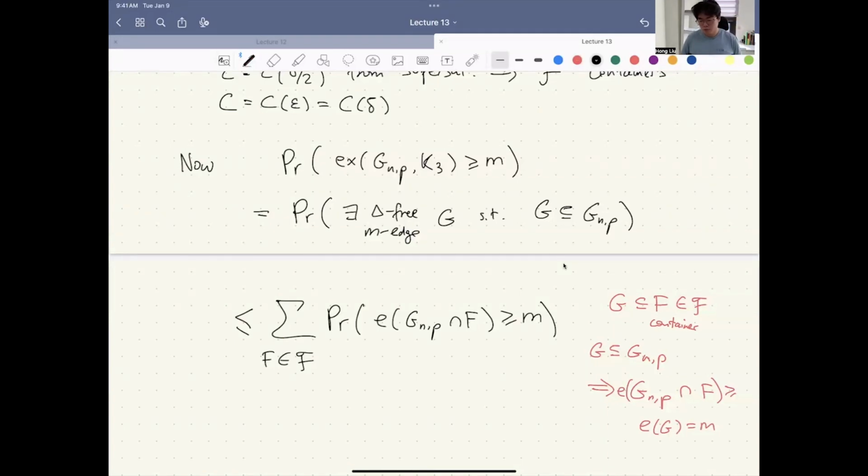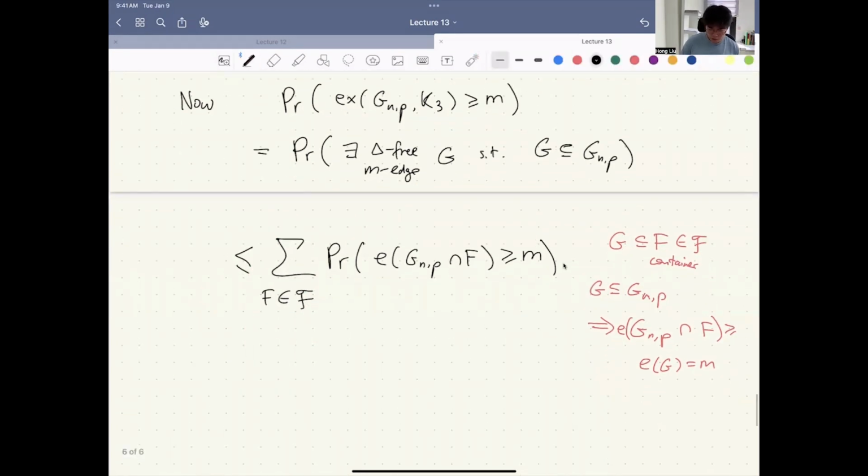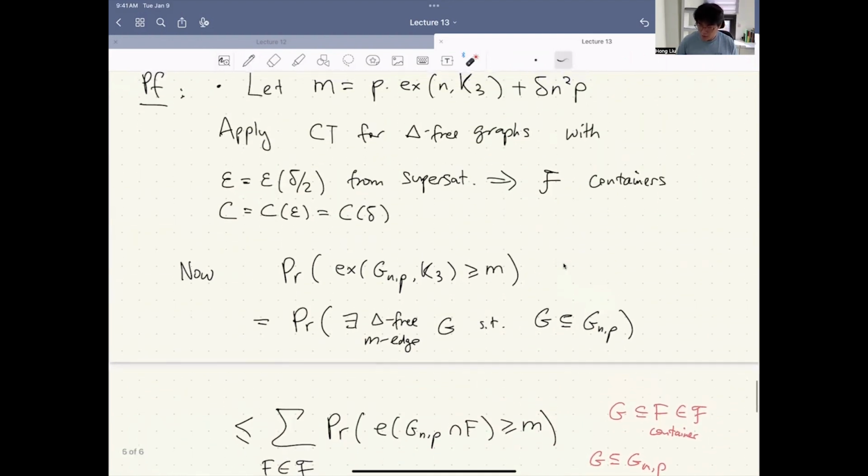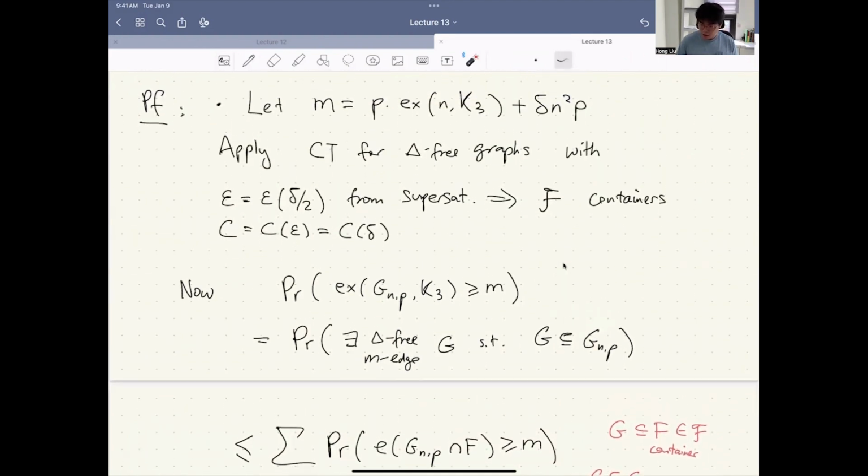Now we just count the number of containers here. This is at most, using standard Chernoff, the number of containers F times this probability. Well, G(n,p) intersect F is roughly this much above, roughly 1/2 times p times n choose 2.